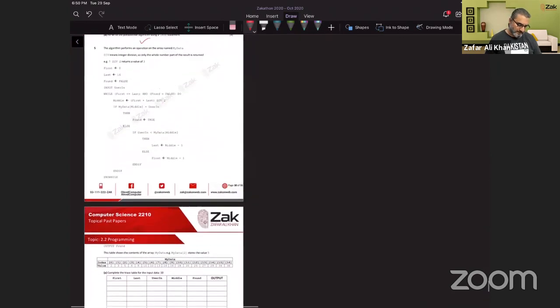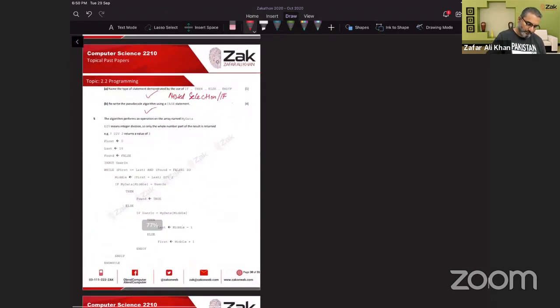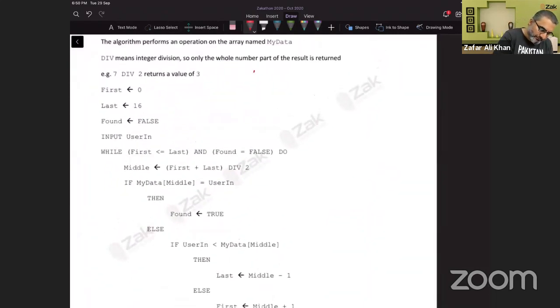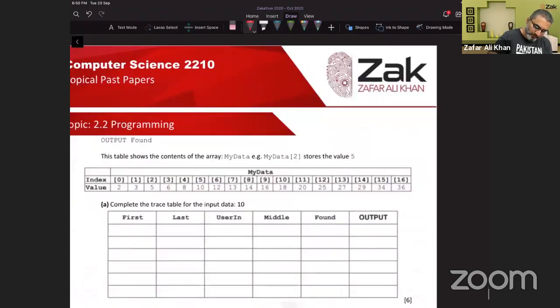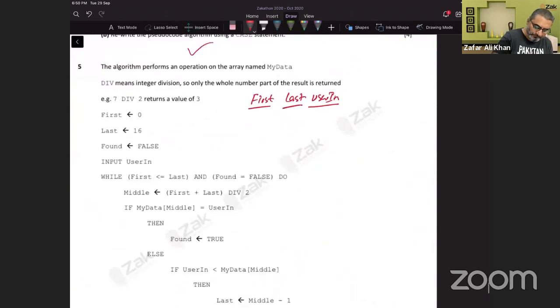First, last, user input. Middle, found, output.